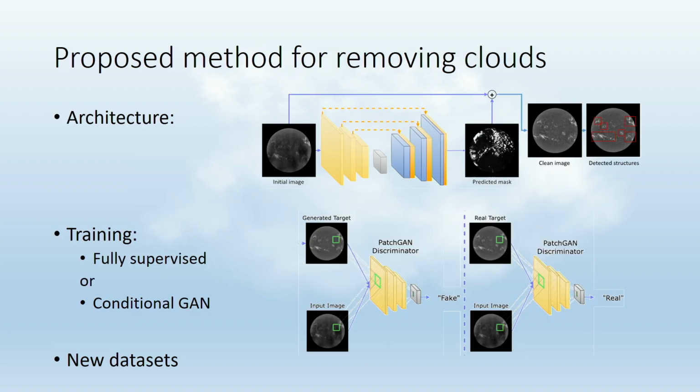In order to do that, we trained a UNet model, which by now you all are familiar with, and we asked this UNet model to predict a mask of cloud contamination so that we could remove this contamination from the images by simply adding in the intensity that was removed by the cloud.